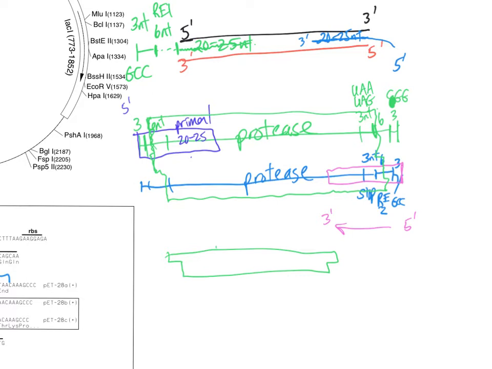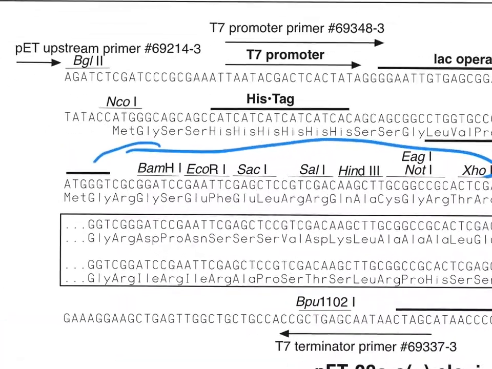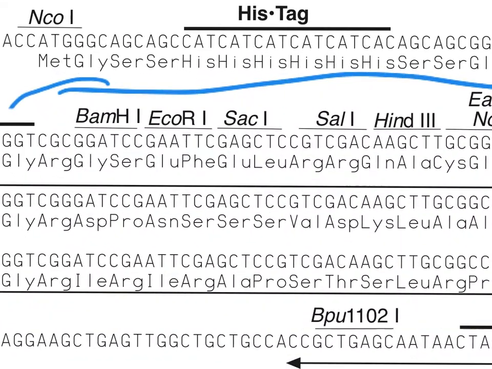The one thing you do want to make sure is that you actually have this in frame. And what that means is, looking at this, I kind of said this in class, but it's hard to see. If you look at this, BamH1 and EcoR1 in this plasmid are what we call in frame. And what I mean by that is that you can see the 6 nucleotides are in frame with actual amino acids, so they're codons.